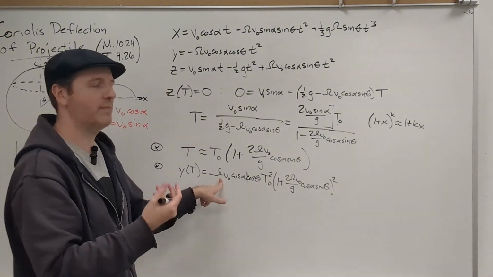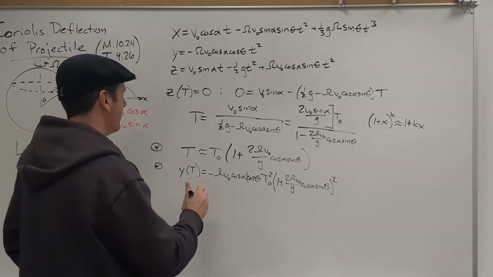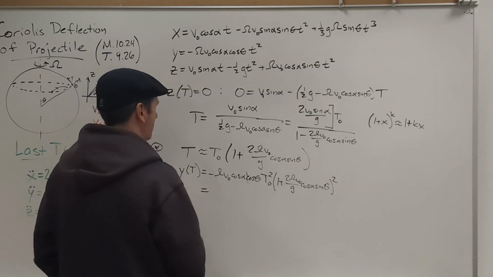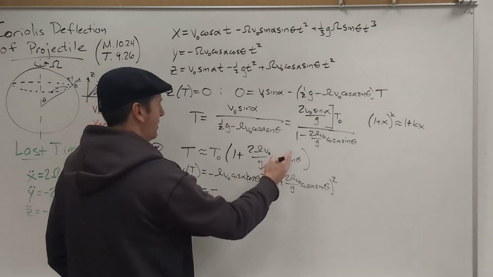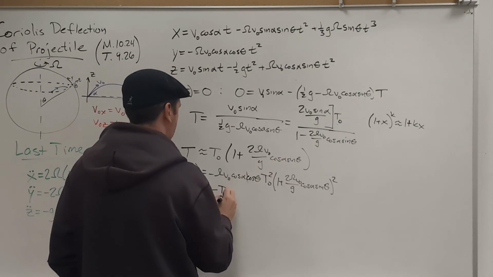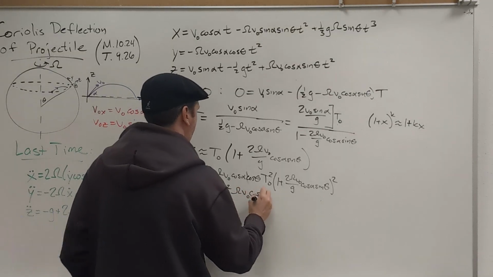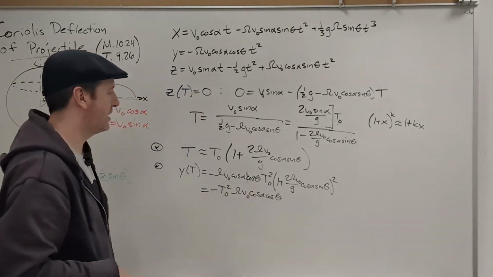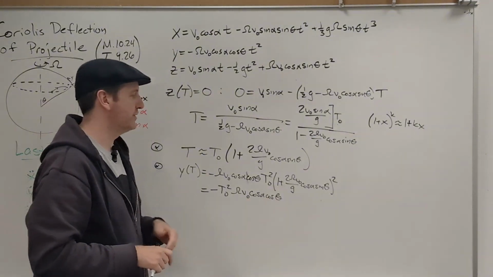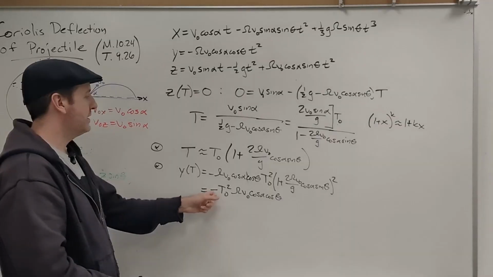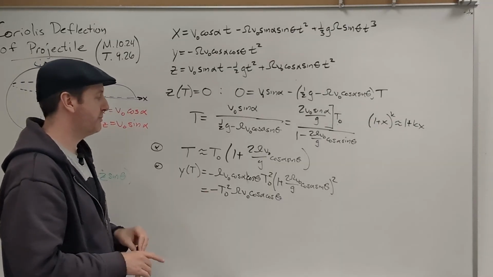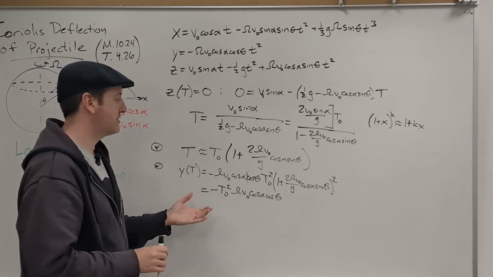And I only want to keep omega to the first power to be consistent. So I'm just going to write this as negative, and I'll leave T naught as is, times something that depends on the launch angle, the altitude, and the latitude, co-latitude. Again, the negative sign means this will be deflected south by a bit. Okay, so that's kind of interesting too.